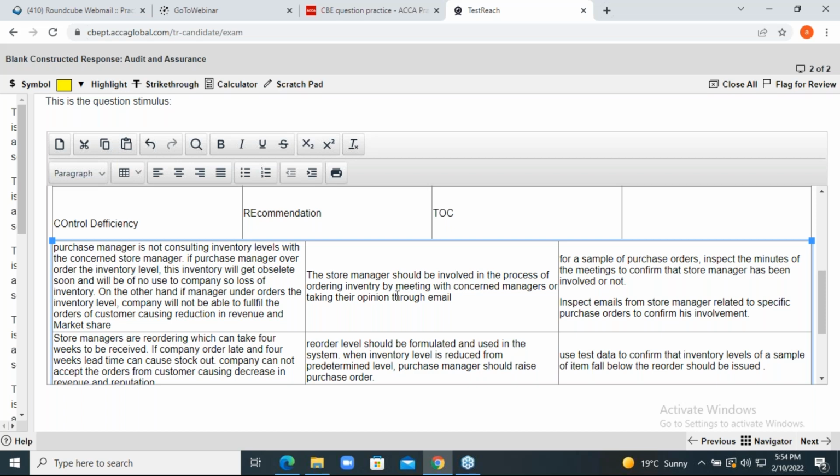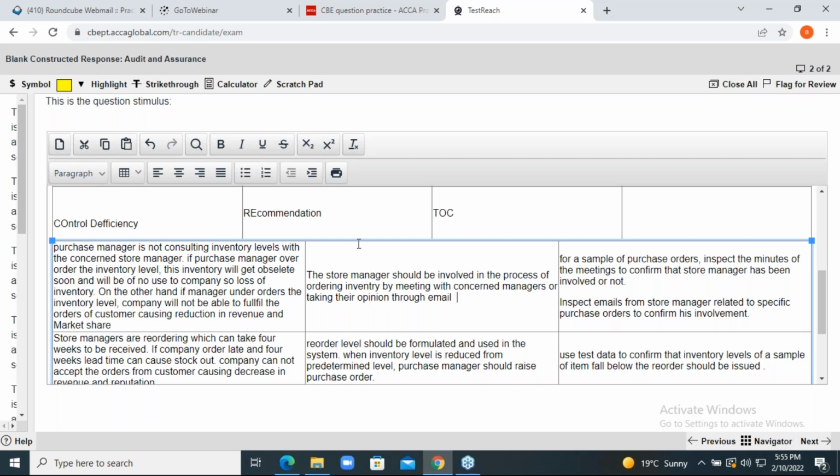I'm very much hopeful that you have understood how to capture the examiner's mindset, and you can follow this and easily repeat a good answer for these control system questions.